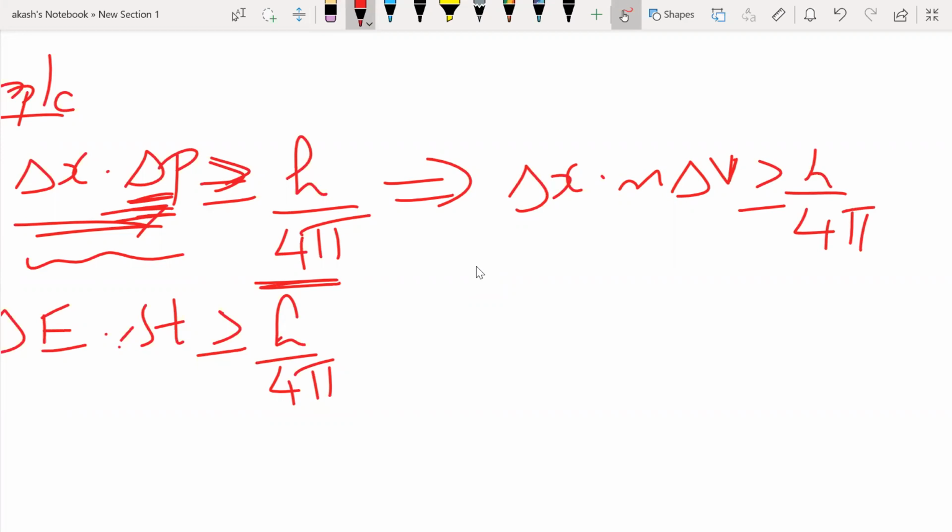If they ask you in questions, they will give one of the values and ask you to find the other. Do not worry about the greater than symbol. Just make it equal to h/4π and then do the problem. Is that okay? Right, fine.